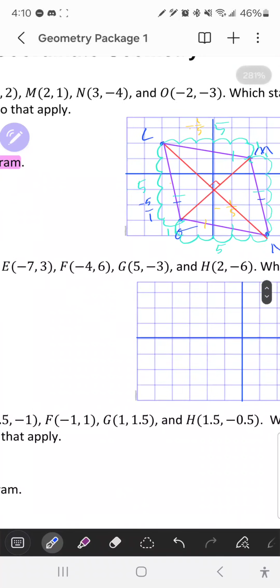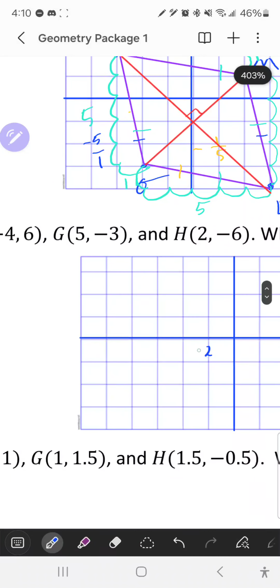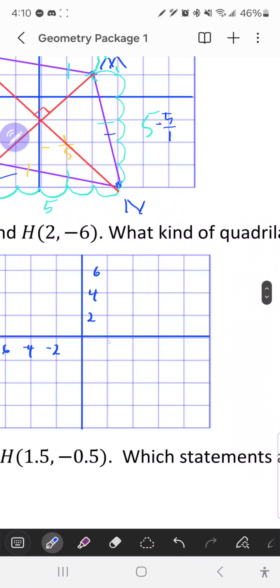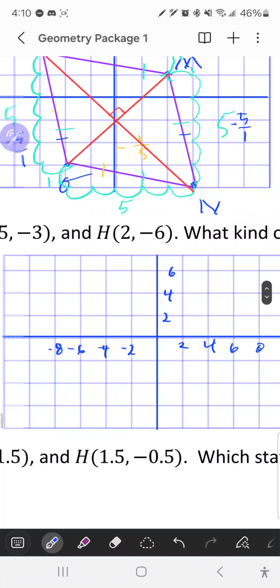Now, this is going to be 2, 4, 6, and 8. 2, 4, 6, 2, 4, 6, 8. Oops. 2, 6, 2, 4, 6, 8, 2, 4, 6.